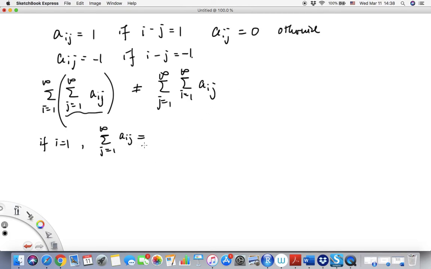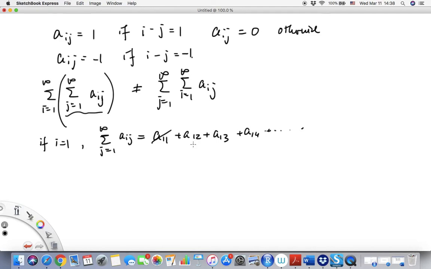So this is equal to a11 plus a12 plus a13 plus a14 and so on. a11 is equal to 0.